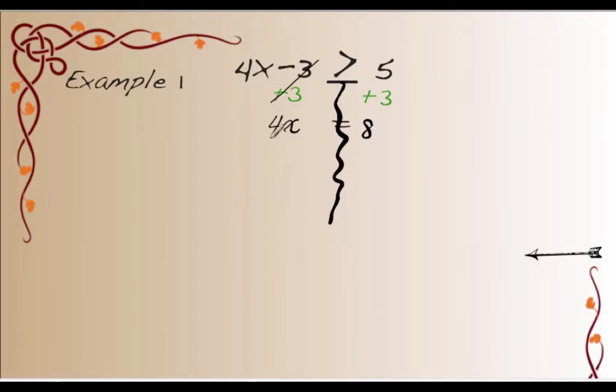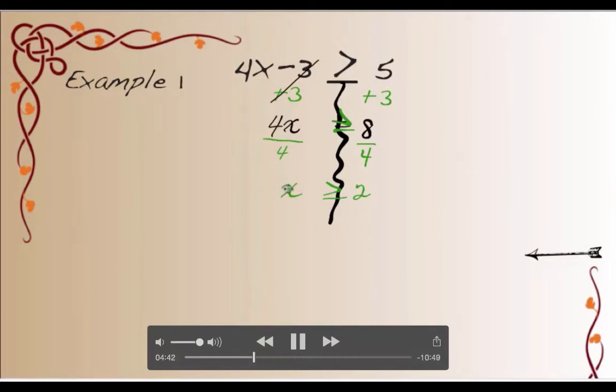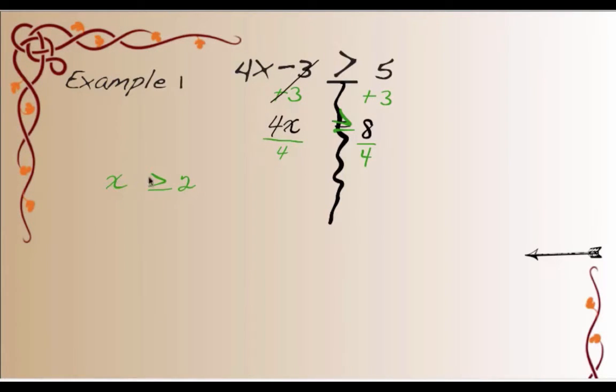I'm going to divide by 4 now. But remember, it was only if I divided by a negative that I have to switch the sign. So x is greater than or equal to 2. Put greater than or equal to 2 up there. That is an answer. As long as I pick an x value greater than or equal to 2, I will result in this statement being true.